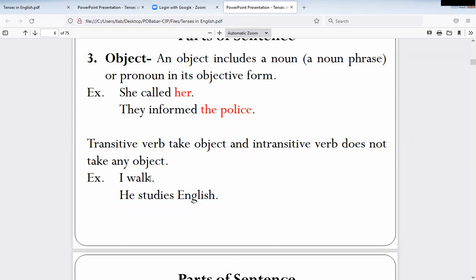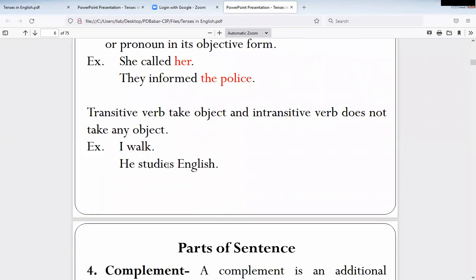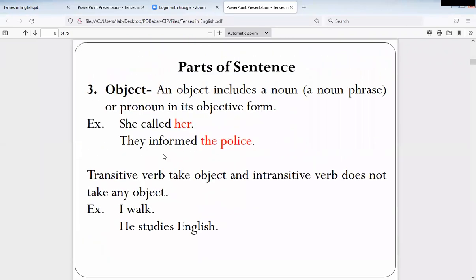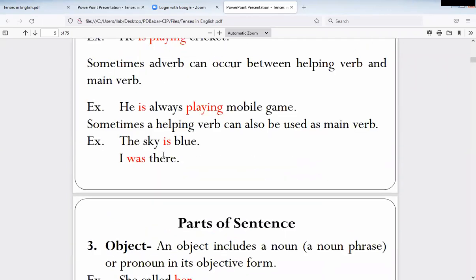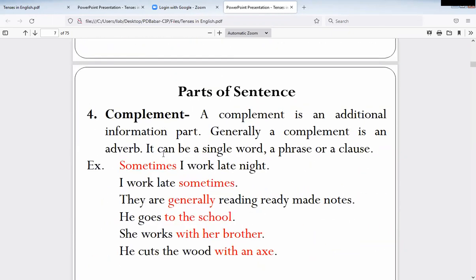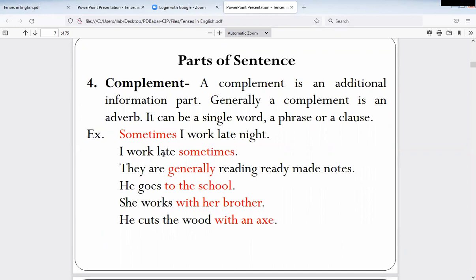Then it answers English. What studies? English. That's why he is the subject, studies is the verb, and English is the object of the sentence. So in this way, we have discussed the object also.